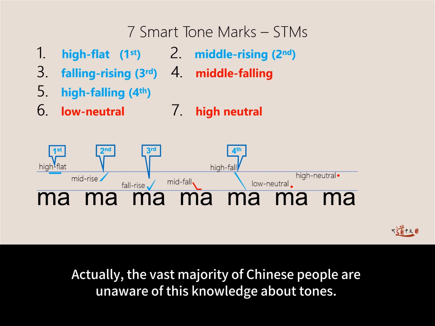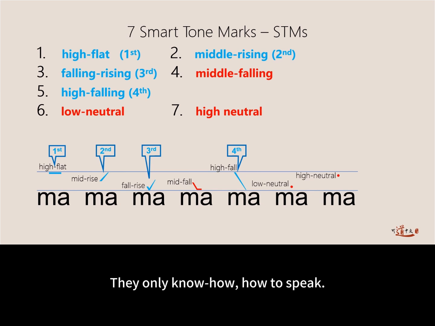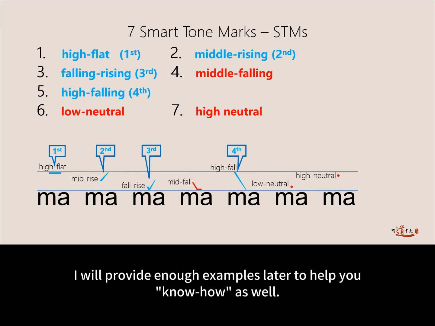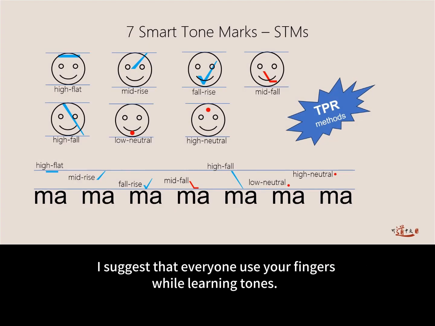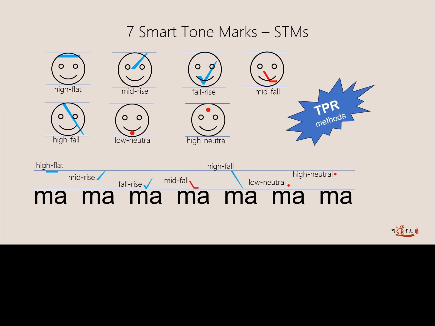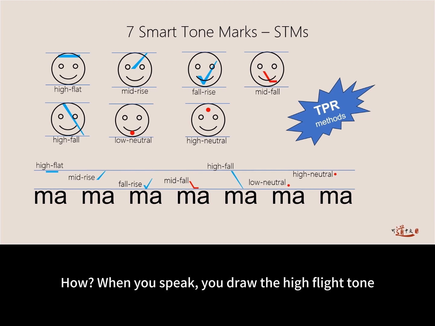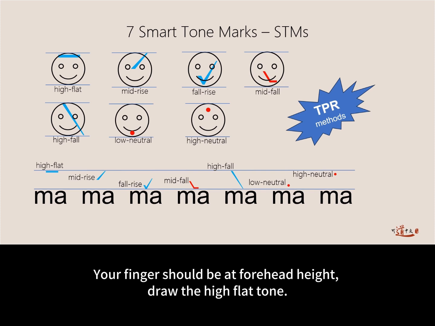Actually, the vast majority of Chinese people are unaware of this knowledge about tones. They only know how to speak. I will provide enough examples later to help you know how as well. I suggest that everyone use your finger while learning tones. So when you speak, you draw the high flat tone. Your finger should be at forehead height.